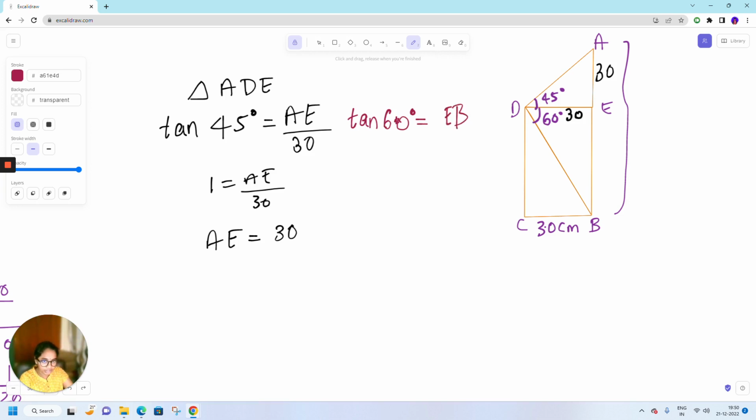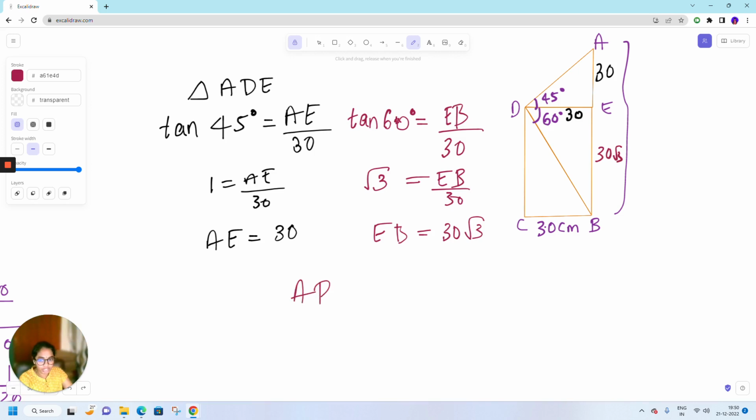EB divided by the adjacent, that is 30. Now, what is tan 60 degree? Tan 60 degree is root 3. EB divided by 30. So, if I cross multiply, EB would be 30 into root 3. Value of EB is 30 into root 3.